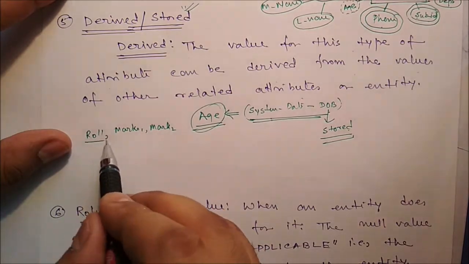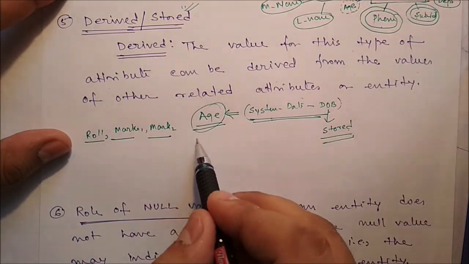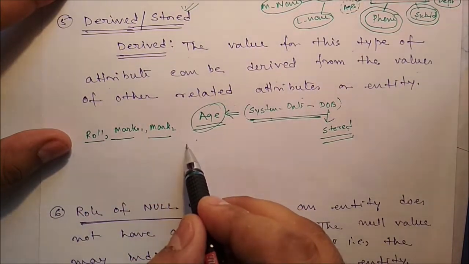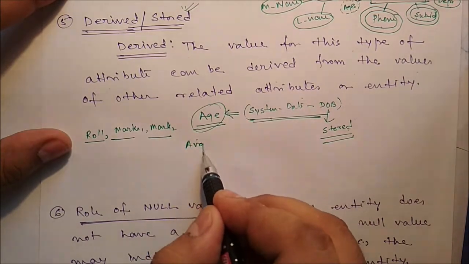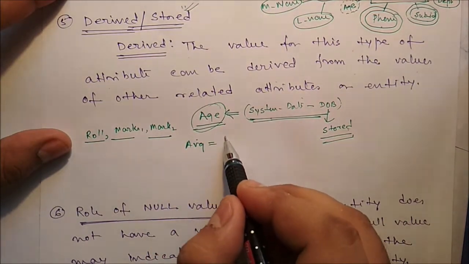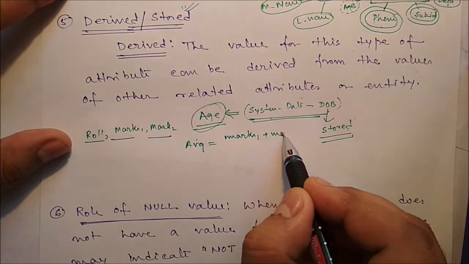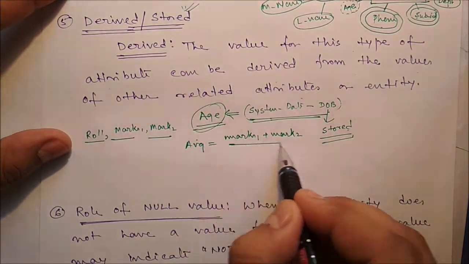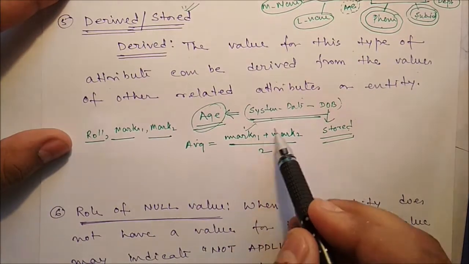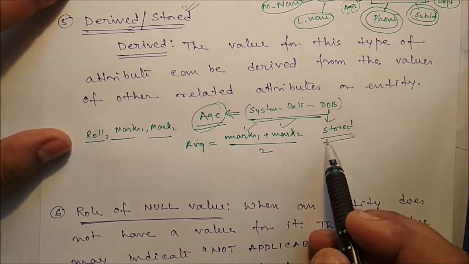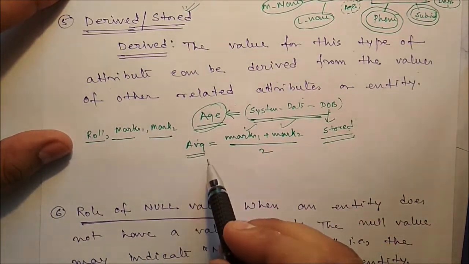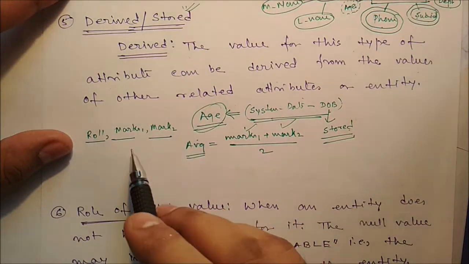From these we can calculate the average of the marks: marks 1 plus marks 2 divided by 2. So marks 1 and marks 2 are nothing but stored attributes, and average marks is nothing but a derived attribute.